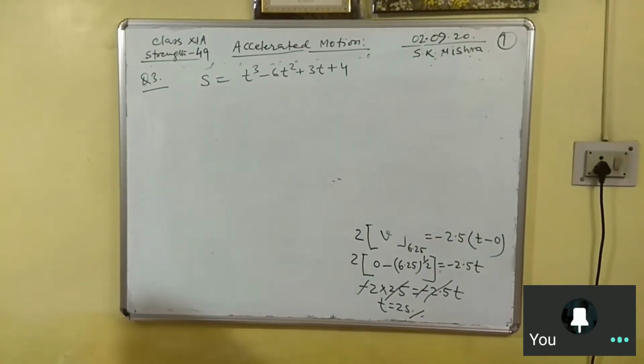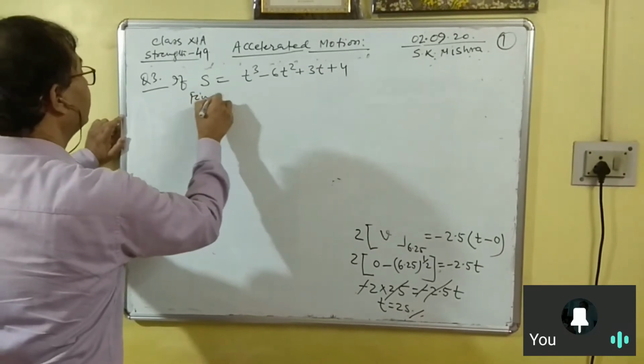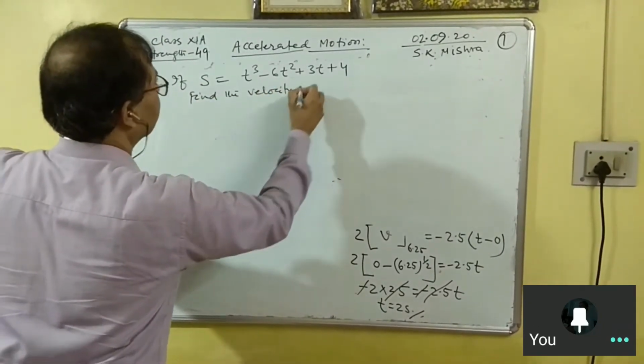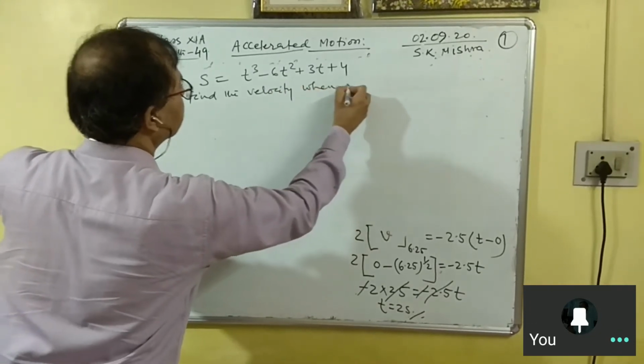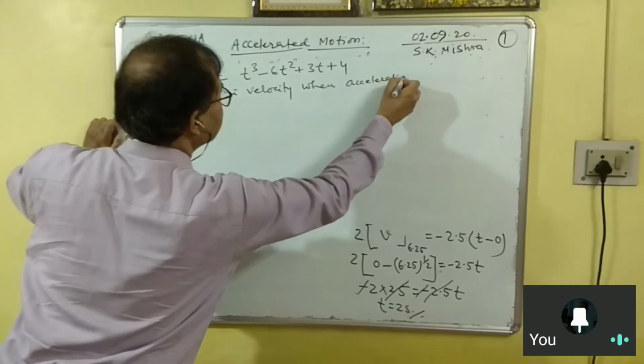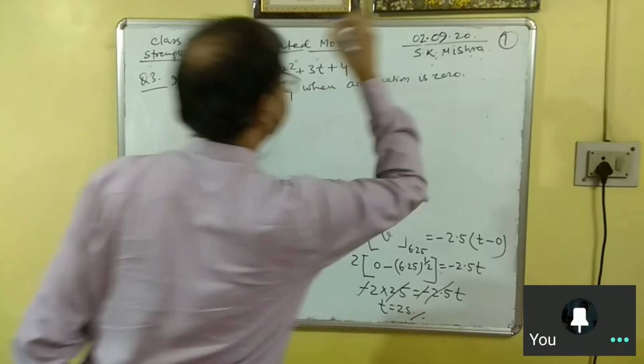Find the velocity when the acceleration is 0. The question is, find the velocity when acceleration is 0. So how will you solve this problem?